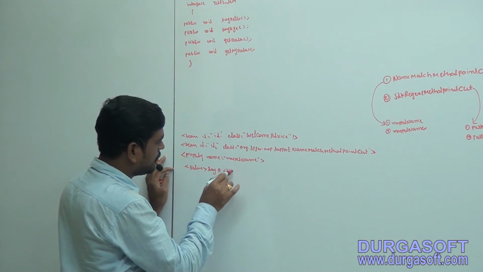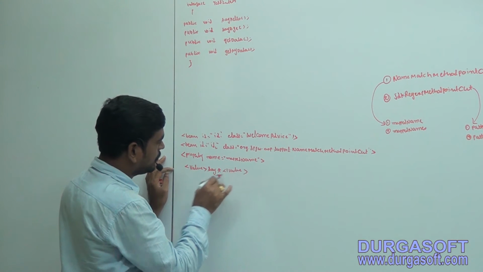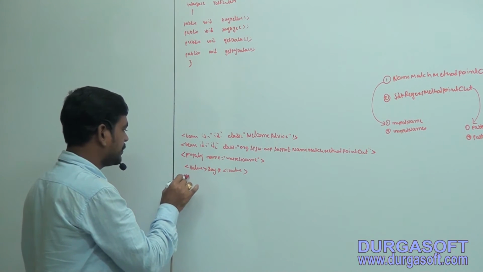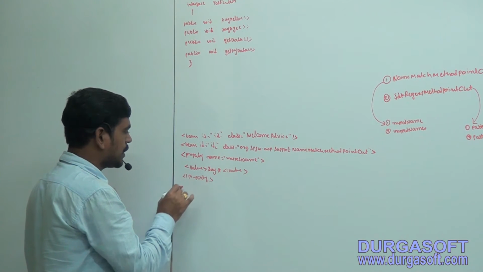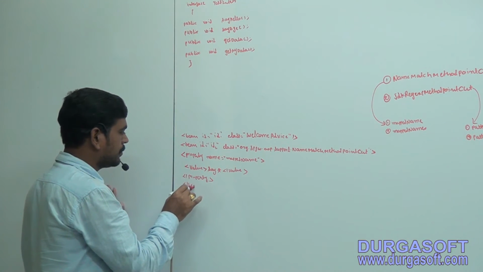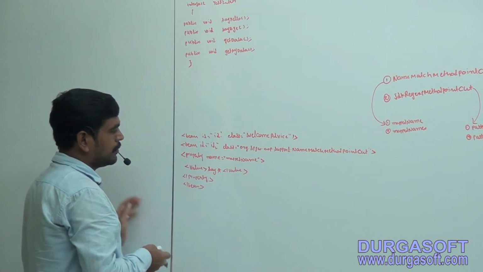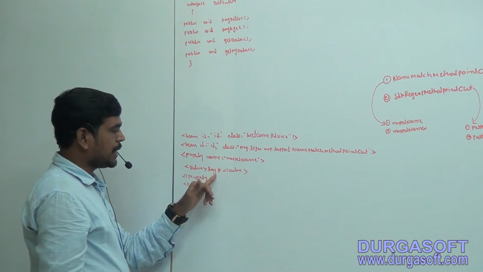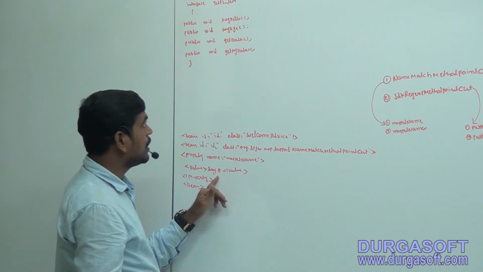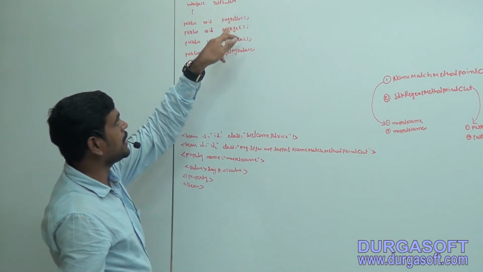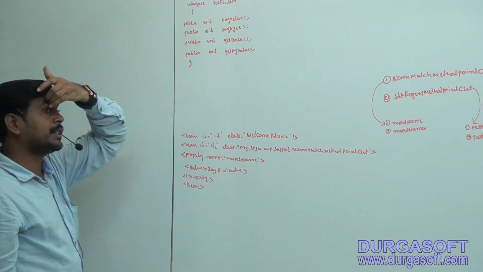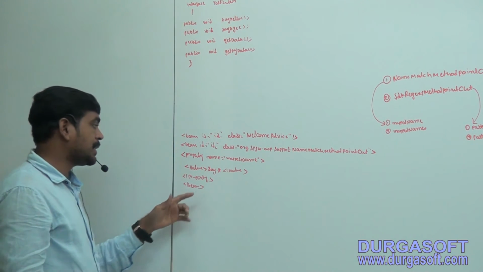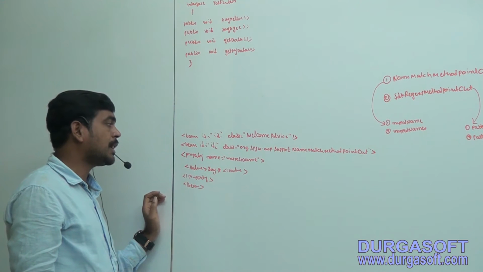Close the value, then close the property, then close the bean. What is the meaning of say star? Whatever methods start with the letters say, those methods are eligible to get an advice.